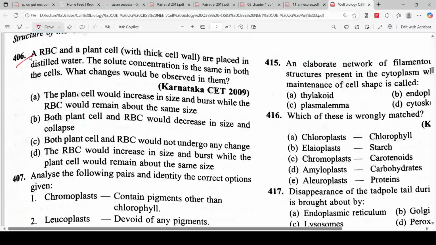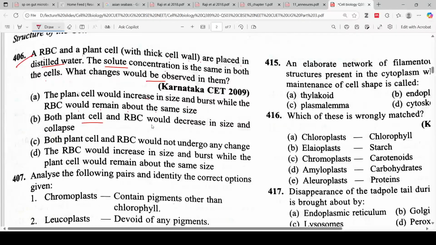Question. An RBC and a plant cell with a thick cell wall are placed in distilled water. The solute concentration is the same in both cells. What changes would be observed in them? The plant cell would increase in size and burst, while the RBC would remain about the same size.